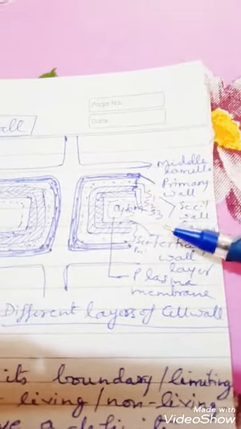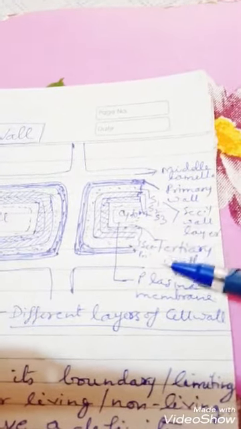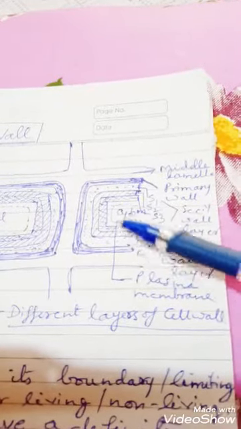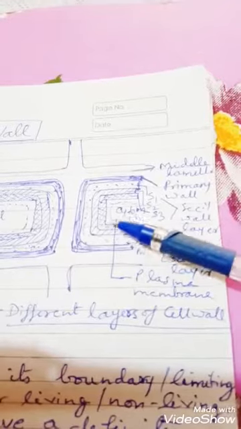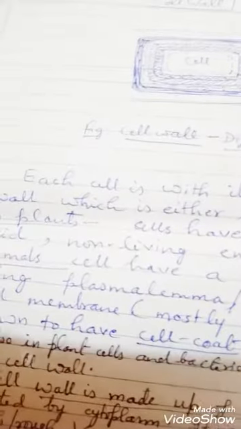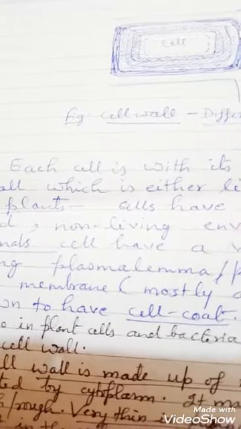S1, S2, S3, which are the part of the secondary wall layer, could be seen in certain specialized cells, and the tertiary wall layer is the outermost deposited dried layer of the cytoplasm outer to the plasma membrane. So you might have studied the material of the cell wall. Actually, this text is describing the cell wall, its structure, and its different layers.